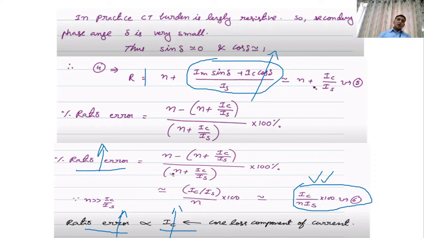So as we conclude in this lecture, the ratio error, or the inequality between the transformer ratio and the nominal ratio, is solely dependent upon the core losses of our transformer. Okay, as the core losses are increasing, the ratio error in our CT is also increasing.